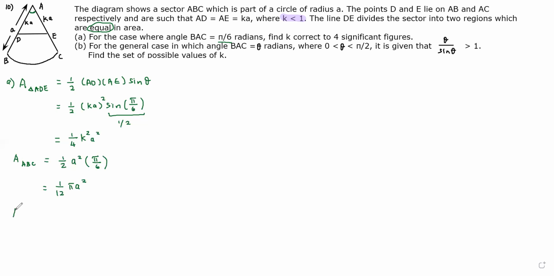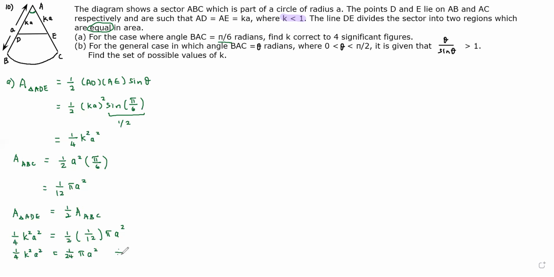We know that the area of triangle ADE is 1/2 of the area of sector ABC. The area of the triangle is 1 over 4 K squared A squared. That is 1/2 times 1 over 12 pi A squared. So that 1 over 4 K squared A squared is 1 over 24 pi A squared.